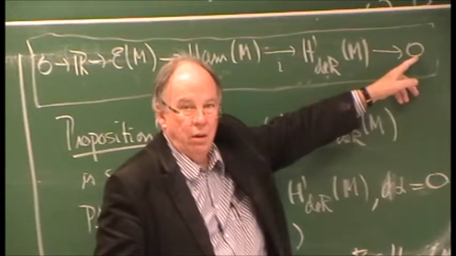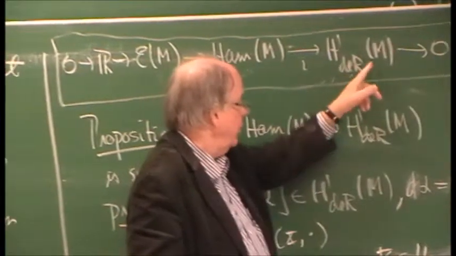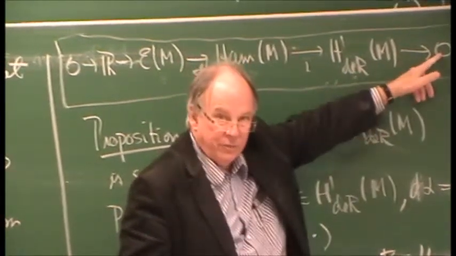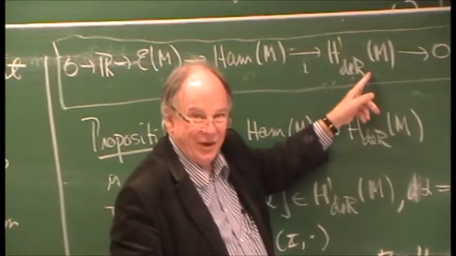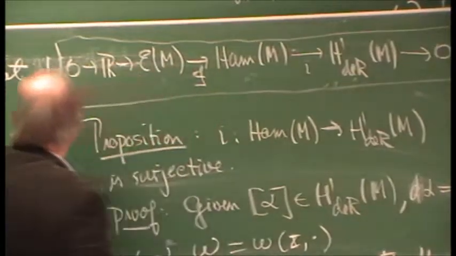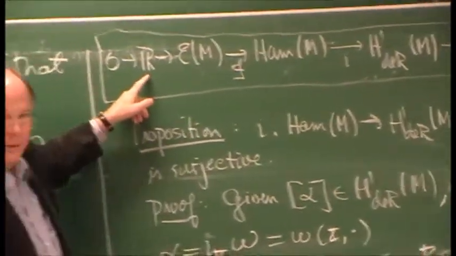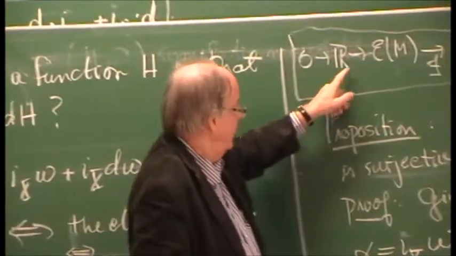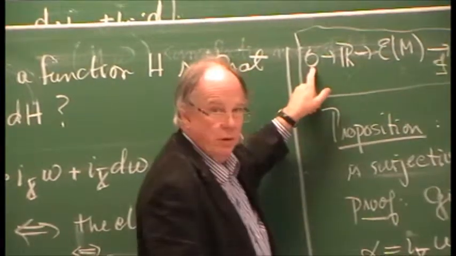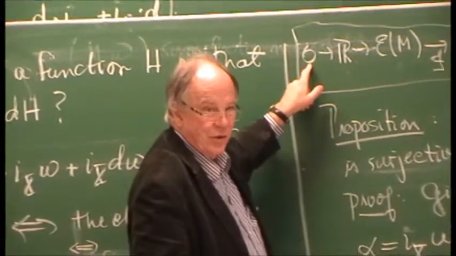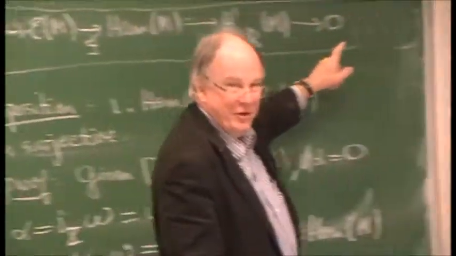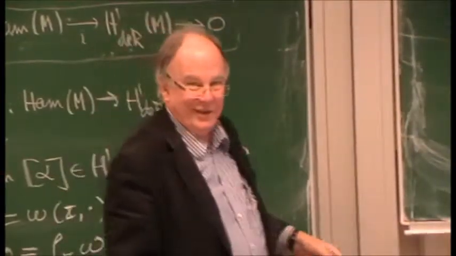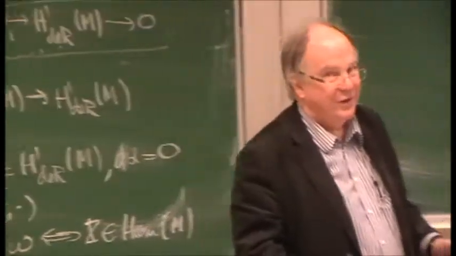So you map everything to 0, and that says that the kernel of this map is everything, and that says that this map is surjective. Why do you put 0 in the beginning then? I map 0 to the 0 element here, and it says that the kernel of this map is 0. So putting the 0 here means injectivity, and putting the 0 here means surjectivity. It's just a formalism, but somehow it's a good formalism.